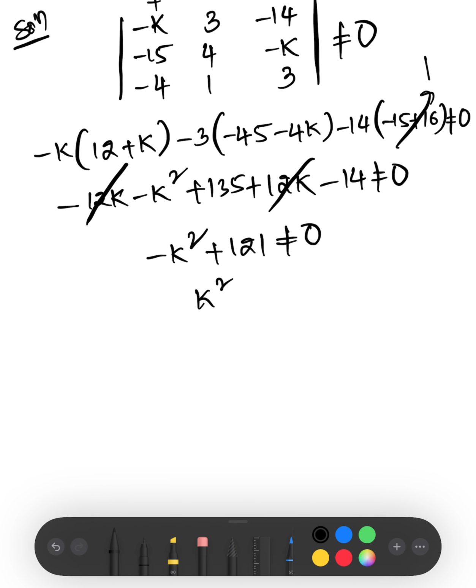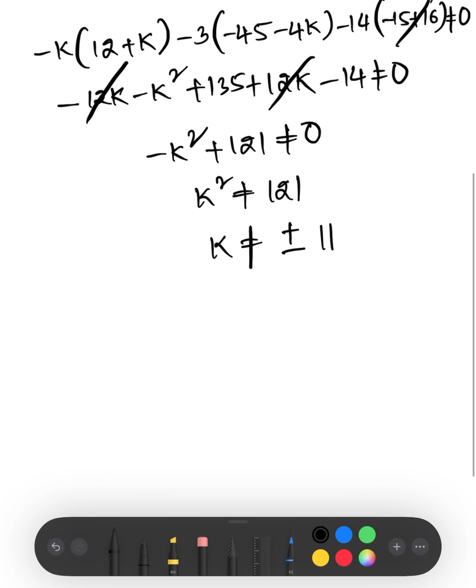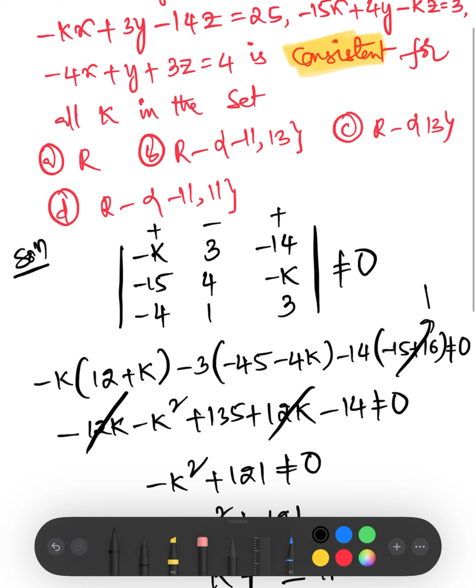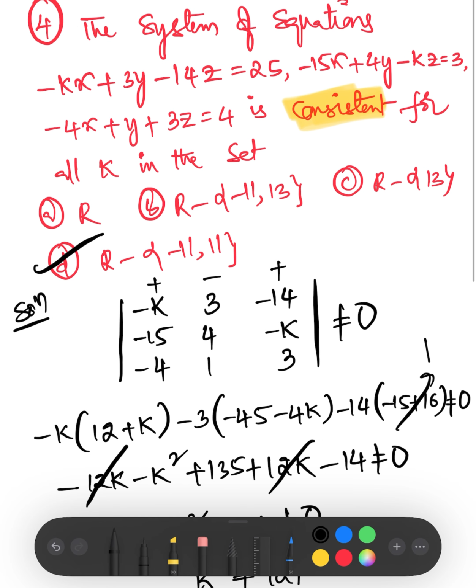Then k square is not equal to 121, so k is not equal to plus or minus 11. So k should be any value except minus 11 and plus 11. What will be our answer here? It is the fourth option, D.